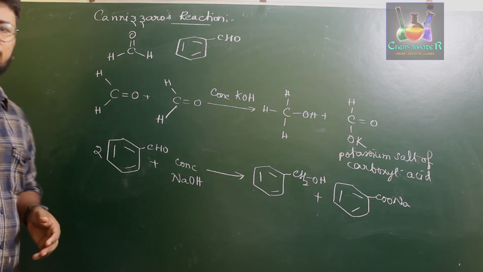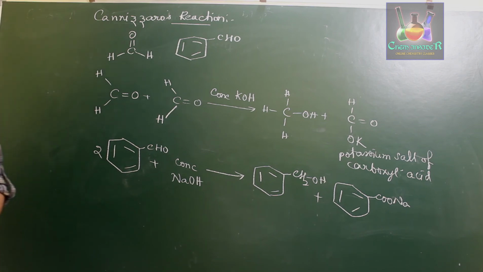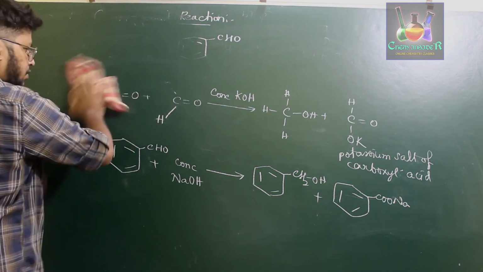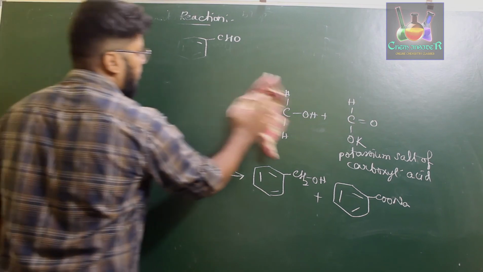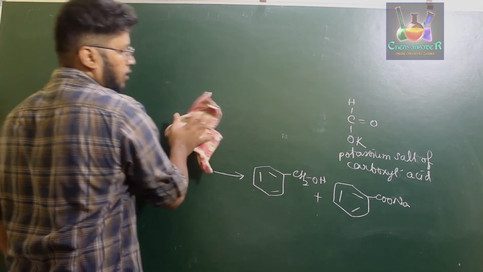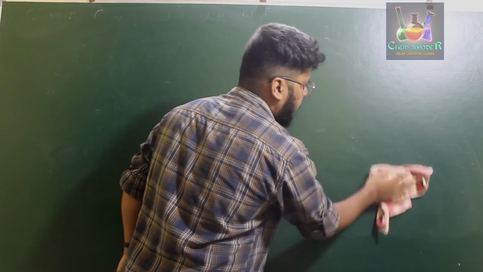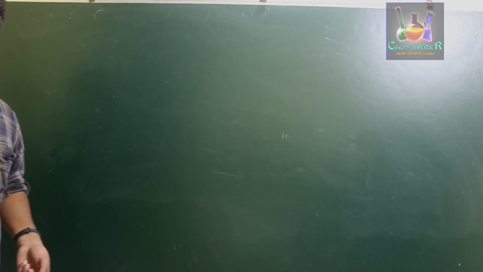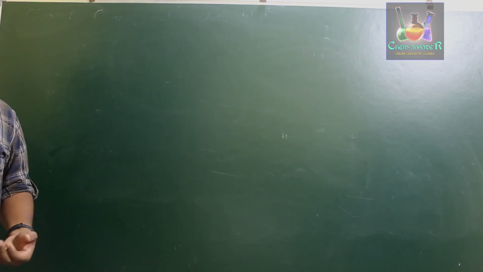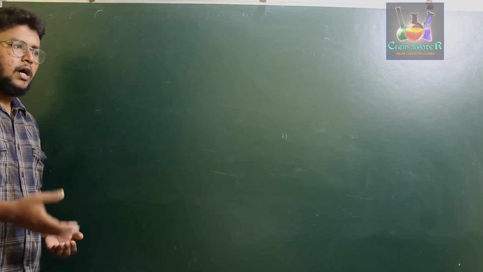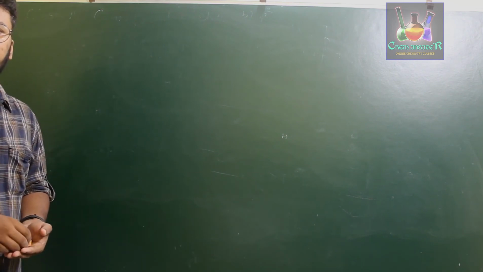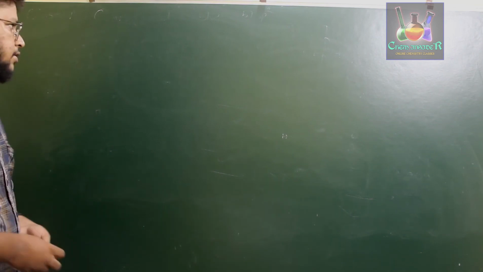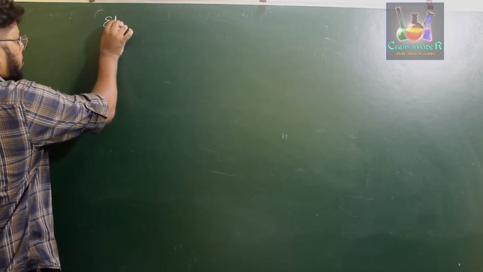Next is the electrophilic substitution reaction. Aldehydes and ketones, whether they have alpha hydrogen or not, the aldehyde group usually undergoes electrophilic substitution reactions, and since it is an electron deactivating group, that means an electron withdrawing group, it directs the incoming electrophile to attack at the meta position.